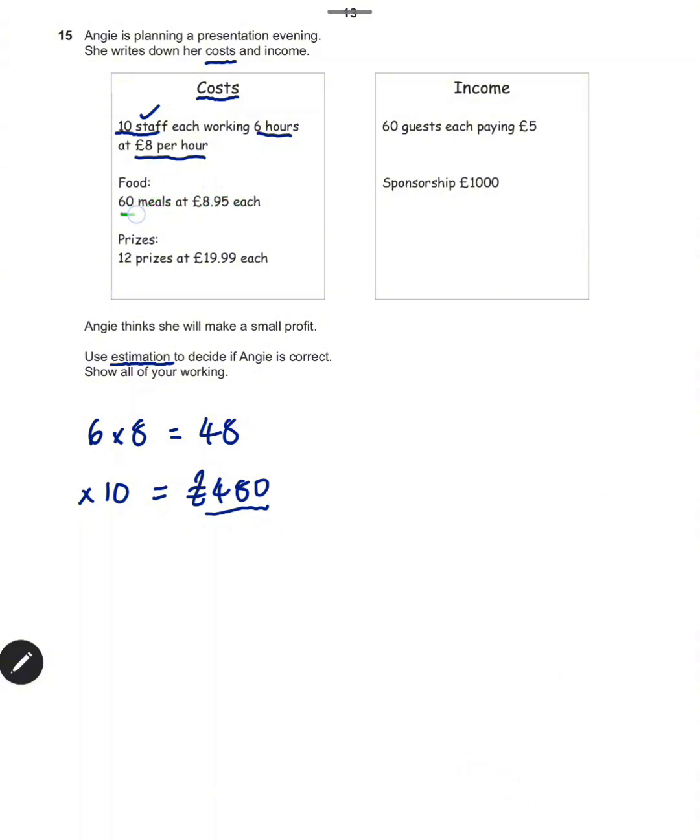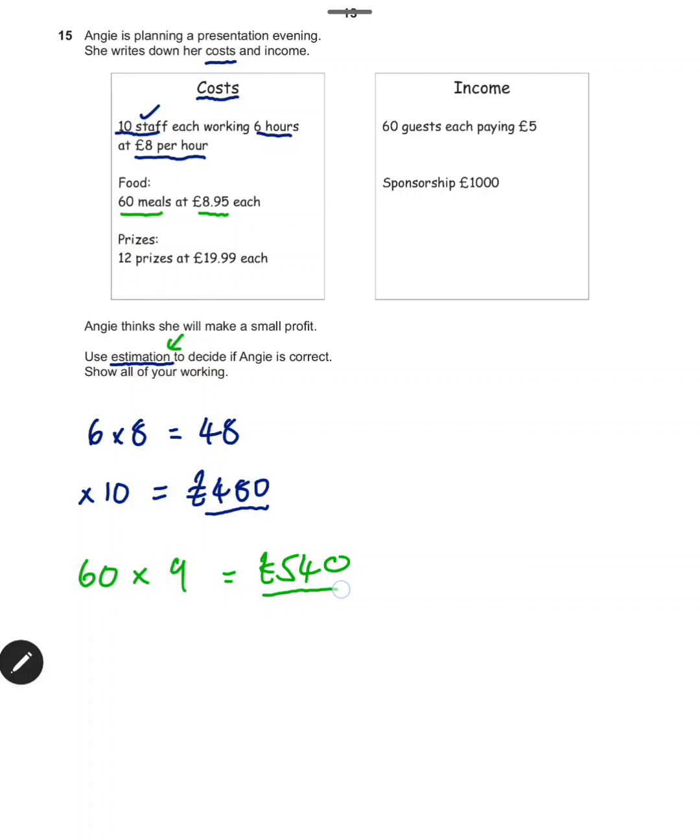Food, well, there's 60 meals at £8.95 each. It says estimate. So I've got 60 meals, each costing not £8.95 but £9. So I just need to do 9 times 60. Well, 9 times 6 is 54. So I'm just going to write 54 and then whack a 0 on the end.